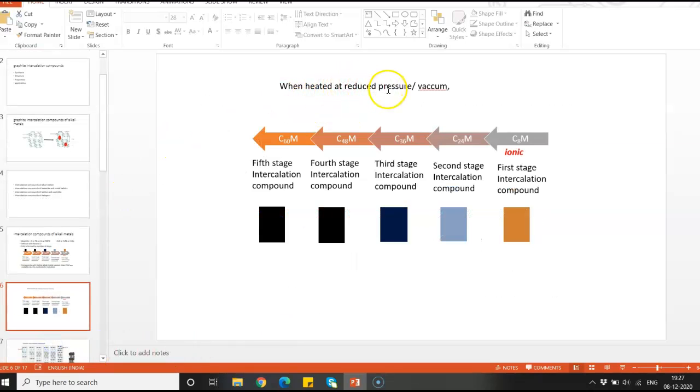If you heat it at reduced pressure or in vacuum, you ultimately get C60M. This is the color change we observe, and the corresponding change occurring when the first stage intercalation compound is heated under vacuum.